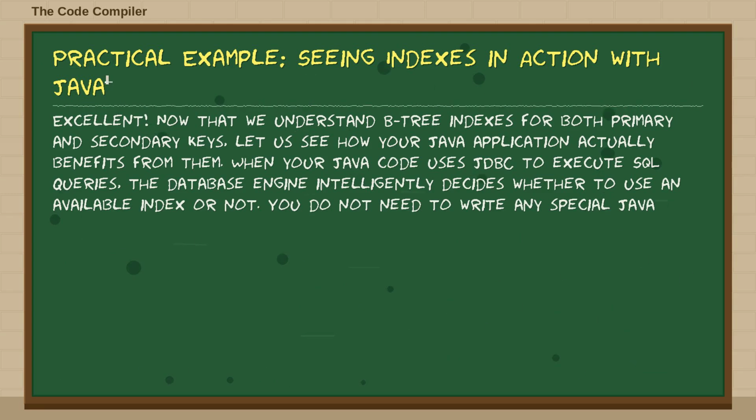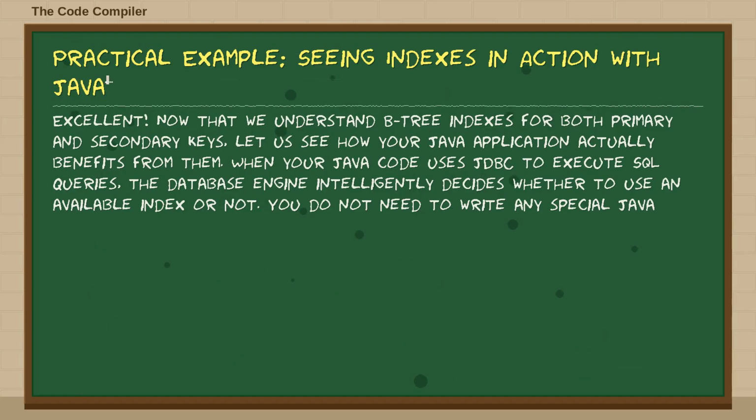You do not need to write any special Java code to use the index. You just write your standard SQL queries, and if an index exists on the columns in your where clause, the database will likely use it automatically to speed up the data retrieval.